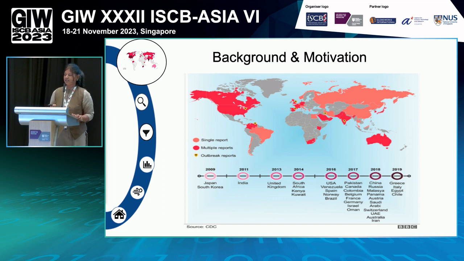And as you can see in the red areas marked here, these are the areas where fungi has already developed as a serious pathogen, majorly in hospital-acquired infections. It started with a case in 2009 in Japan and South Korea, and gradually it's moving all over the Asia-Pacific and the globe.